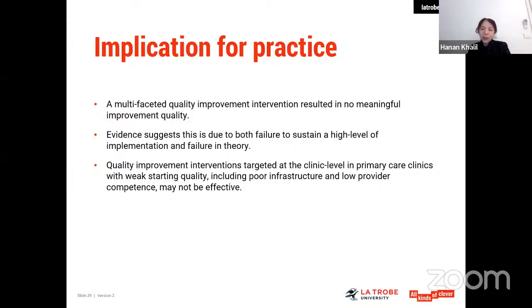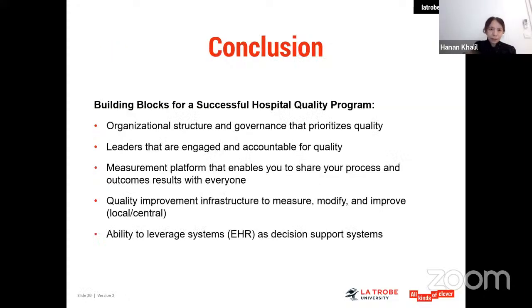Even though they had changes in the infrastructure, there was poor infrastructure. They didn't have enough nurses to deliver the care that they wanted. There was not enough training, even though they did provide training, and there was low provider competence. The nurses, even after the training, were not competent enough, and hence it wasn't effective. Unfortunately, that was one of the unsuccessful quality improvement projects.